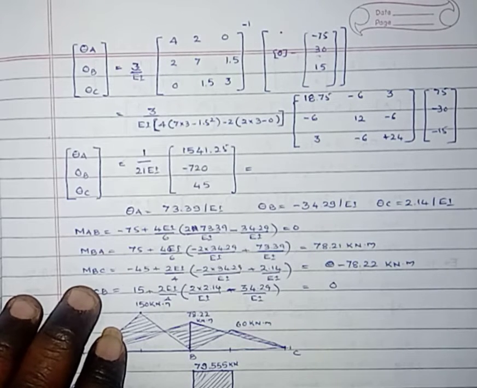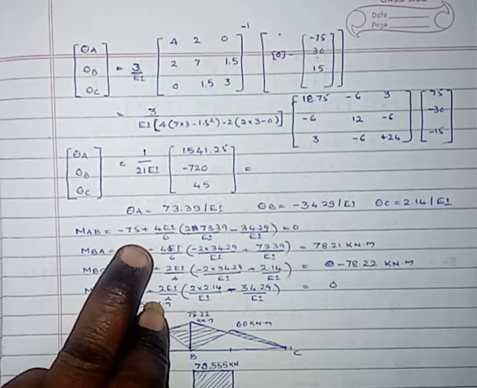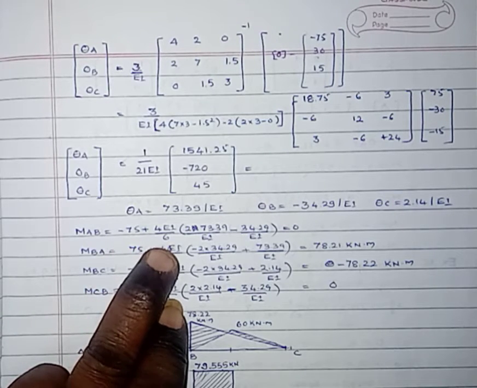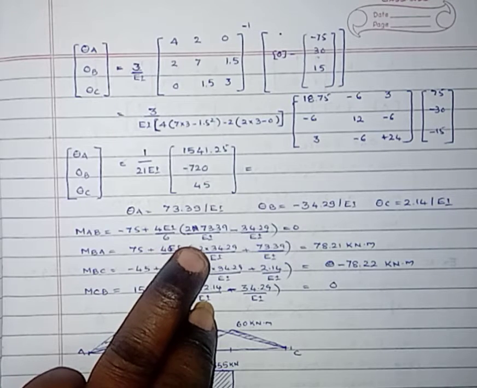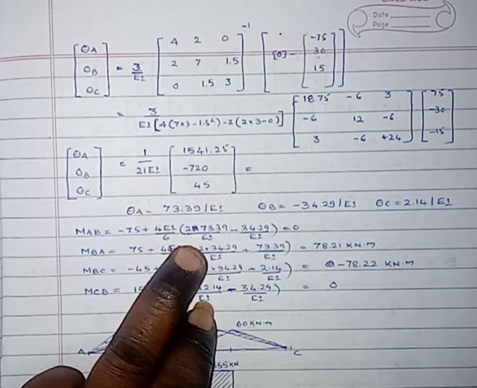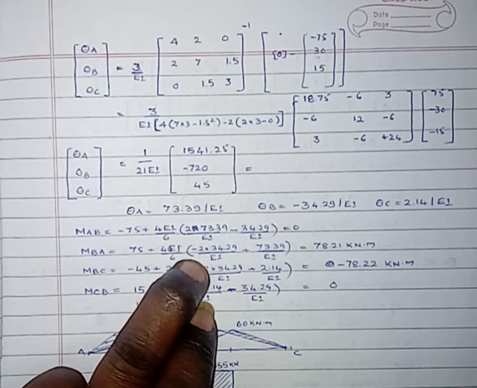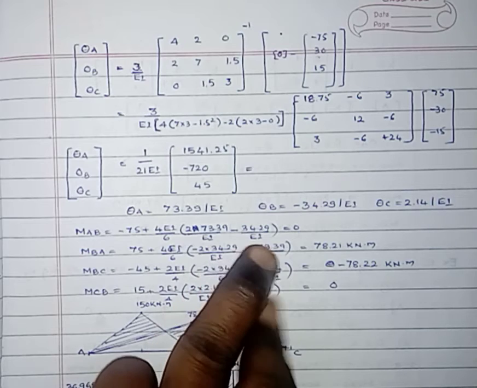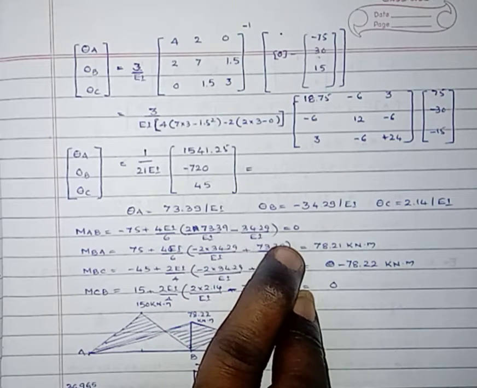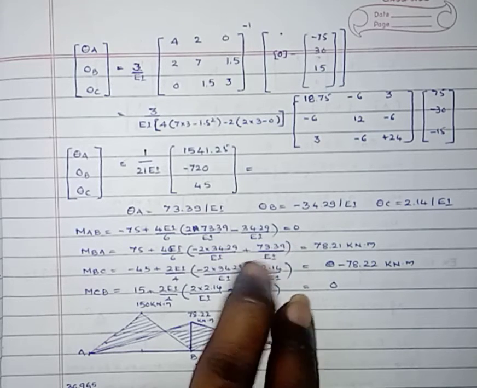By substituting the values, the fixed end moment is minus 75 plus 2EI by L. Here the moment of inertia is 2I, hence that is 4EI by 6. Inside the bracket, 2 times theta A, that is 2 into 73.39 by EI, plus theta B, that is minus 34.29 by EI. By simplification, you will get the end support moment at A, that is 0.